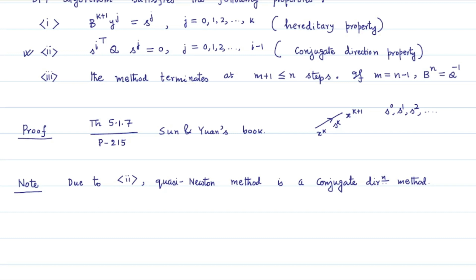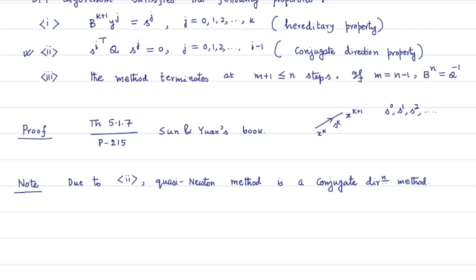However, it turns out that in case of non-quadratic problems, that means the objective function is not a quadratic function, and with a large number of variables, the DFP algorithm has a tendency of sometimes getting stuck at a particular point and not being able to move further from that point. And this sticking phenomenon is attributed to the matrix Bk becoming nearly singular or ill-conditioned.